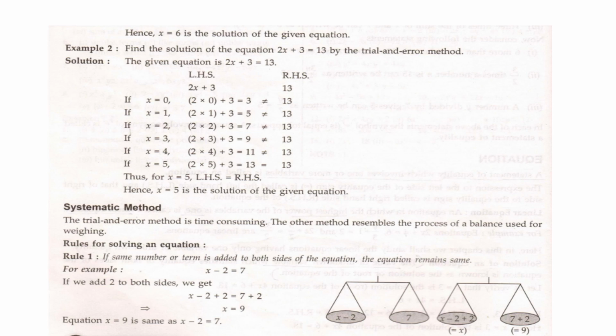Now we have several methods for finding the root of the equation. One method is called the trial and error method. Trial and error means you will keep on putting some values of x till it satisfies the equation. See one example. Find the solution of the equation 2x plus 3 equals 13 by the trial and error method.